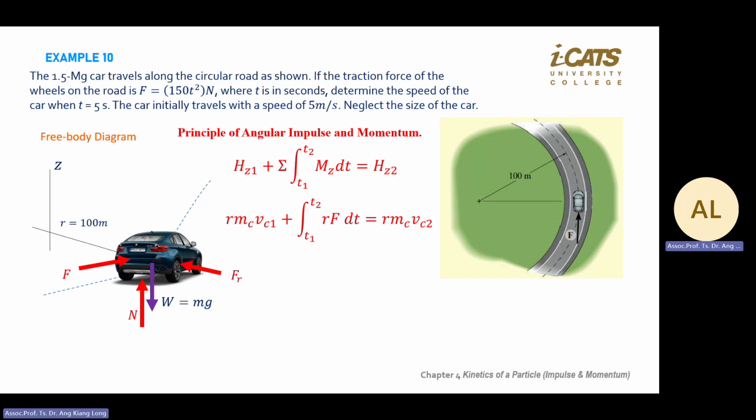You know what moment is: force multiplied by a perpendicular distance, R cross F. H2 is also the same: R cross MV. So basically, you expand the general equation to the scenario in the question, and the rest is just substitution.